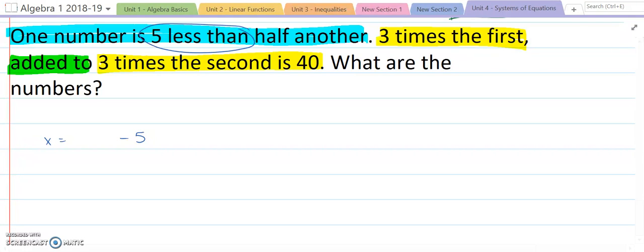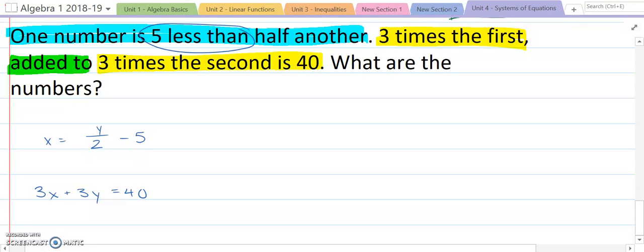There has to be something there first so that you can take it away. Half another number. Let's go with y divided by 2. That's how you do halves, is you do division. So here we go. Next question. It says 3 times the first number, 3x, is added to 3 times the second, 3y, and I get 40.